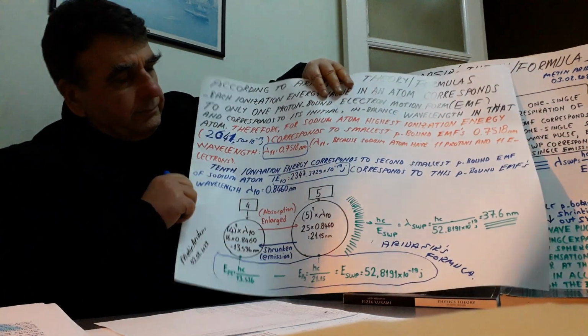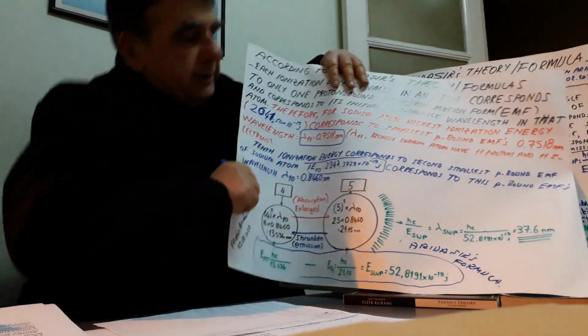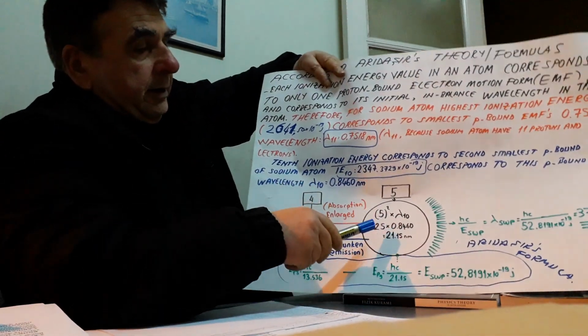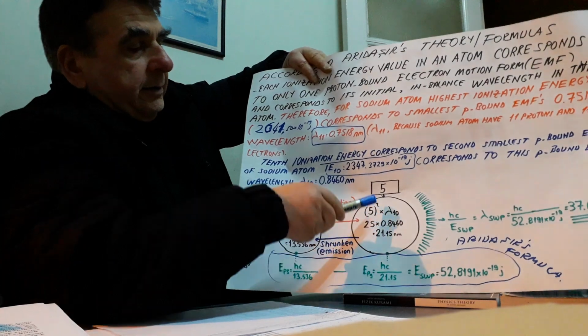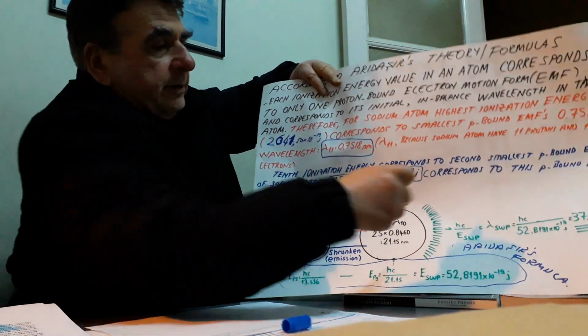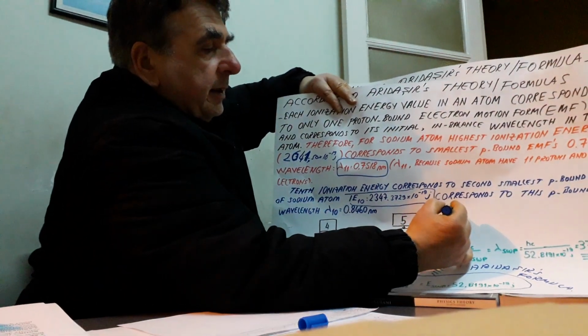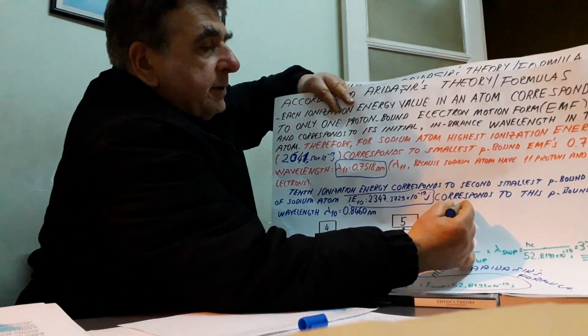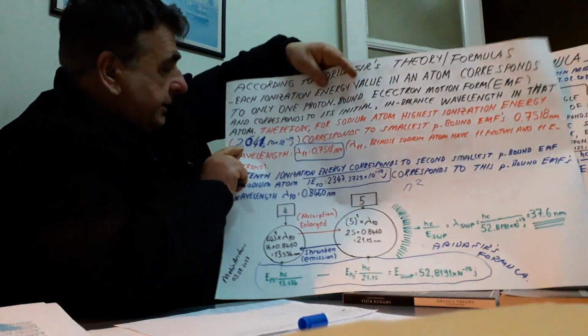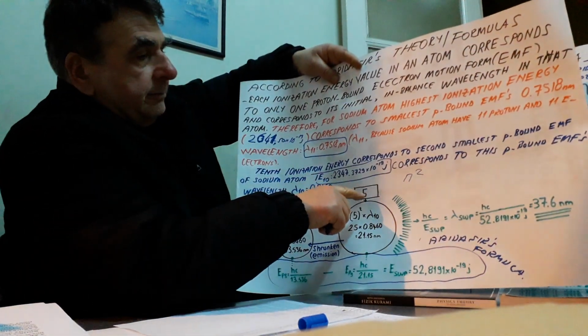Then, remember my formula. Okay, it enlarges at the rate of n squared, effective wave number squared. Okay, like this.